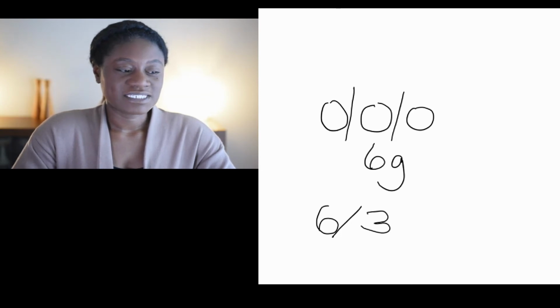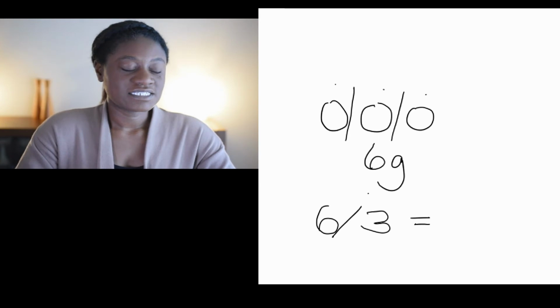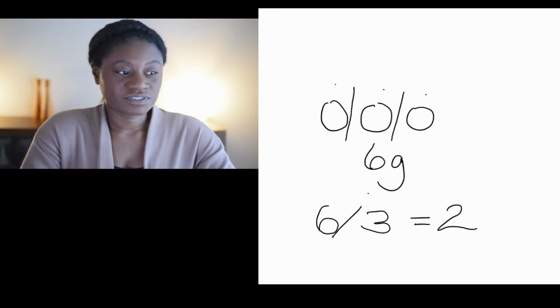And we'll be doing 6 divided by 3 because we have 3 items and our total is 6. 6 divided by 3 is equal to 2. And we will see this by dividing it up.